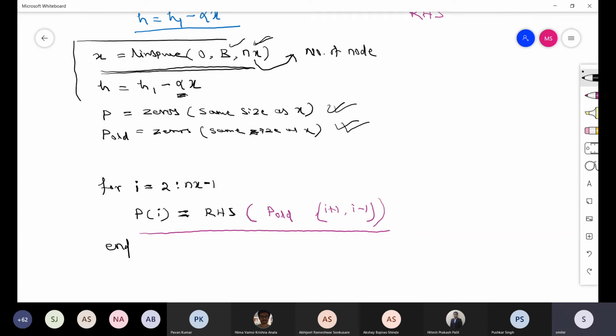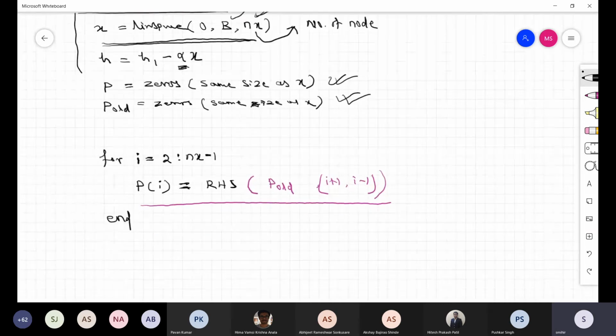Once you run this for loop in your mind, it will run from P of 2 to P of nx minus 1. So all the values will be evaluated and stored in P, based on the values available in P old at the right hand side.